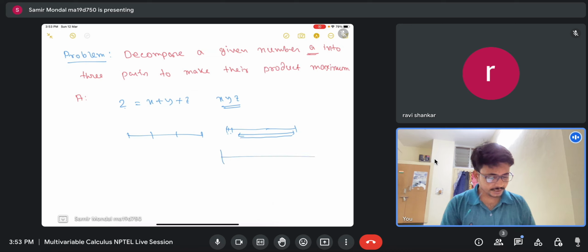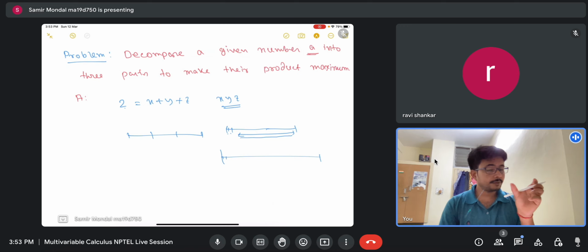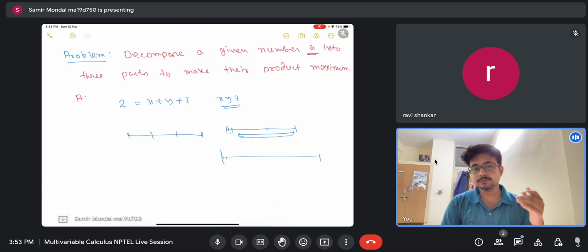If you take a very small one, then every time the product will be less. So you have to try to manage it properly.